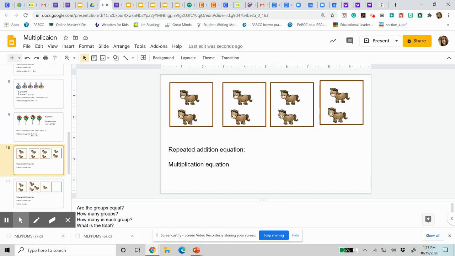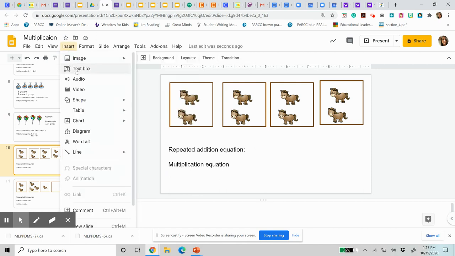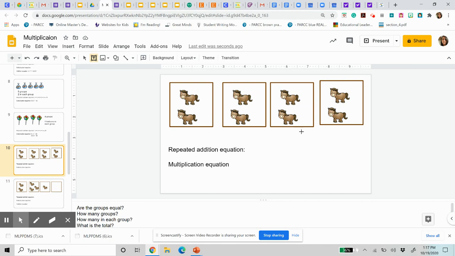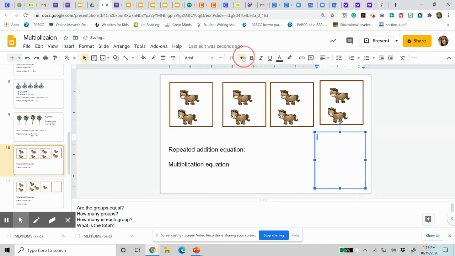Okay. All right. Let's look over here. And again, I want to think about how many groups do we have before we write the equation, and do we have equal groups, right? So we have 4 groups, and do we have the same number in each group?